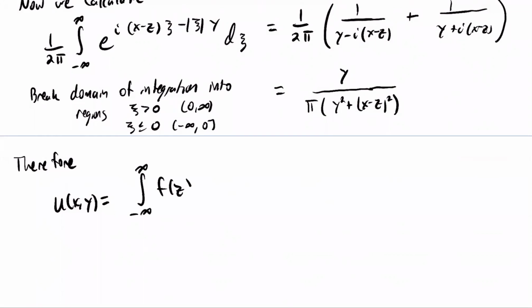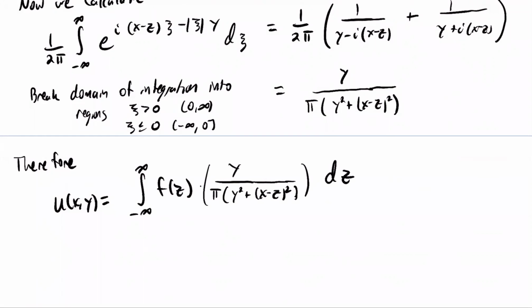Remember, we had f of z. This is our initial data, no longer any Fourier transform. It's just the original function multiplied by this other term here: y over pi times y squared plus x minus z squared, dz.